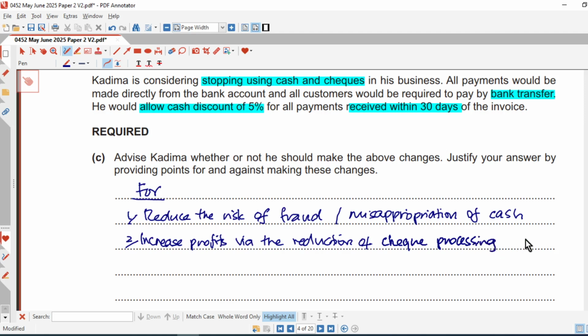You see, in certain countries or in most countries, the banks will charge you a certain amount of fees or service charges to process or to clear the checks that you issue. So when you stop issuing checks, you can save up on all these check processing fees, which will increase your profits and your cash flow, your liquidity.